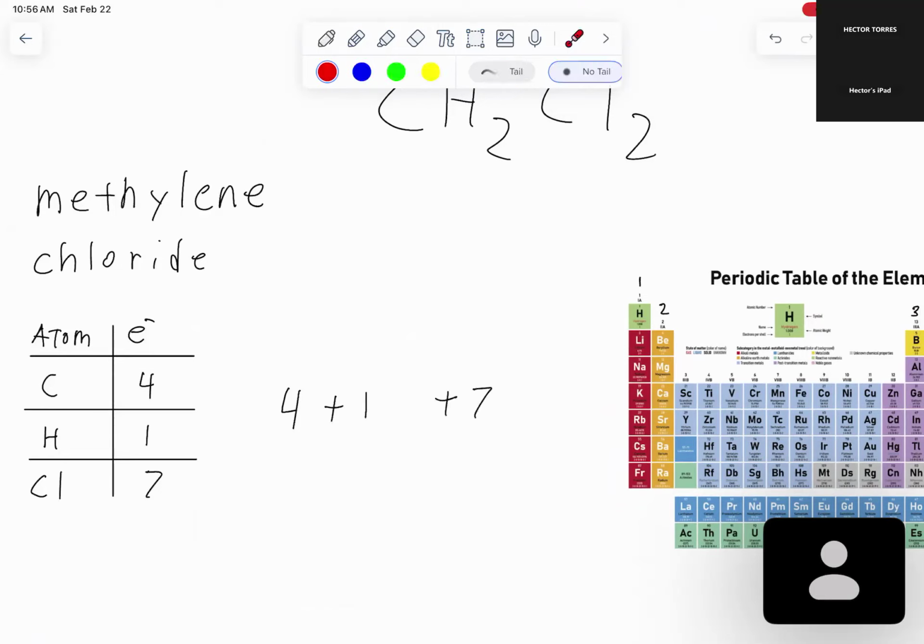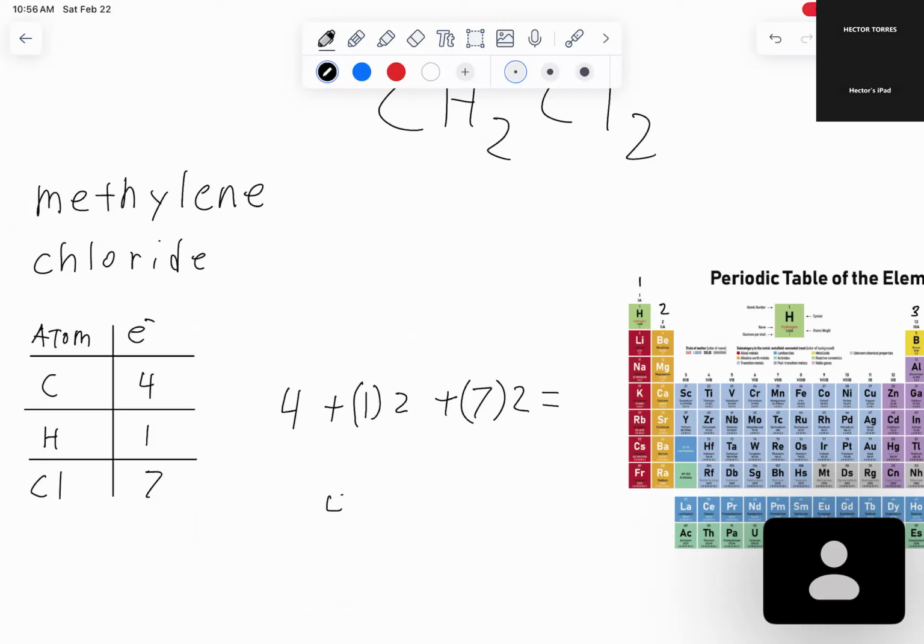However, we need to take into account how many of each atom there is. For carbon, there's only one, so we don't worry about it. But for hydrogen, there are 2, so we need to make sure we count all the atoms in the molecule. And for chlorine, there's 2 as well, so we're going to times that by 2.